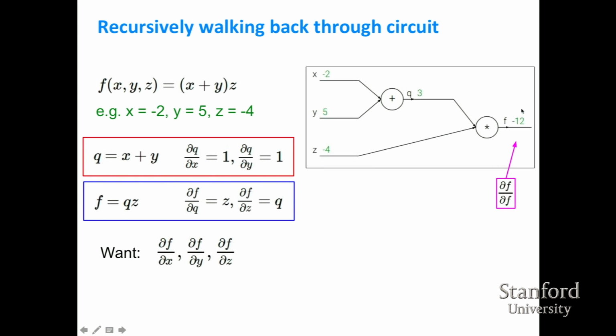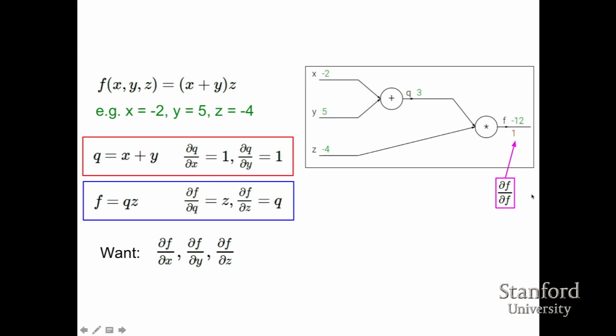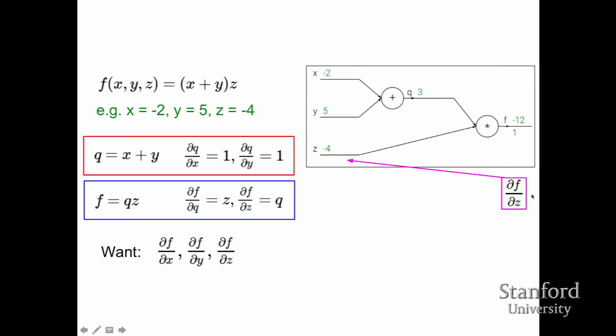So we'll start at the very top, with just df by df, which is just 1. So it's not much there. We usually start with that. And now we want to learn how we update our z vectors. So we look at df dz. And what is that?